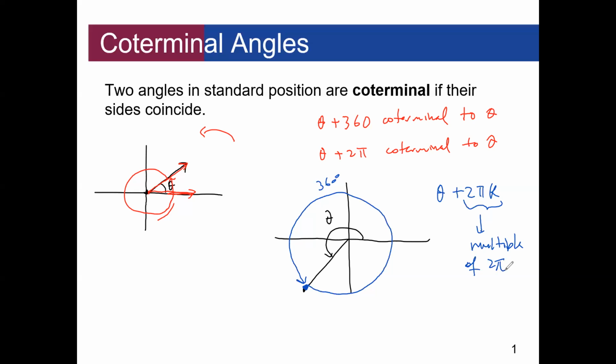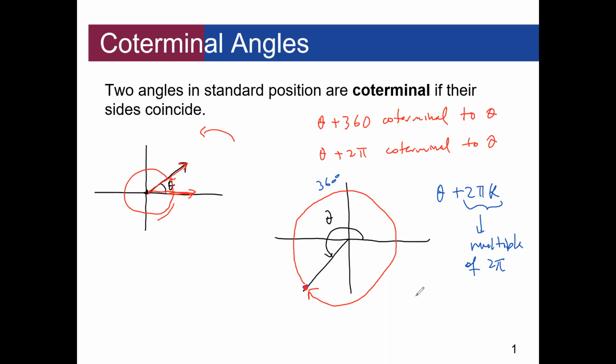Now, to find a coterminal in a negative direction, I have to do this. So let me erase this so I can do it. Okay, this was the angle, right? Because I want to go in the negative direction, I will just start from this point and travel in the negative direction, and I come back to the same spot, and that is negative 2 pi or negative 360 degrees.